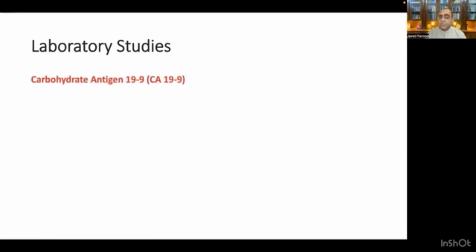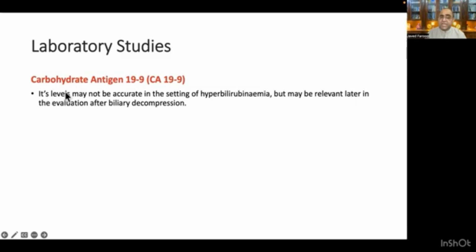Coming to the tumor markers, the carbohydrate antigen 19-9, CA 19-9, its levels may not be accurate in the setting of hyperbilirubinemia, but may be relevant later in the evaluation after biliary decompression.